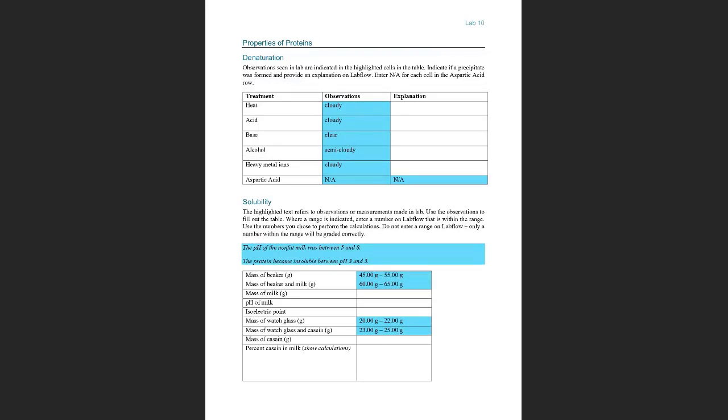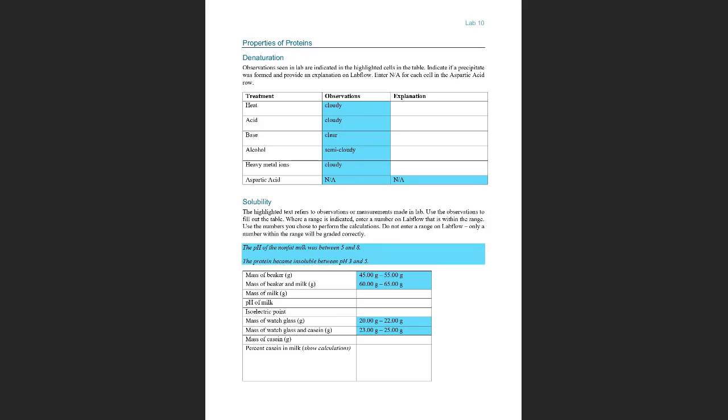What do you have to do next? Let's look at denaturation. Observations seen in the lab are indicated in the highlighted cells in the table.